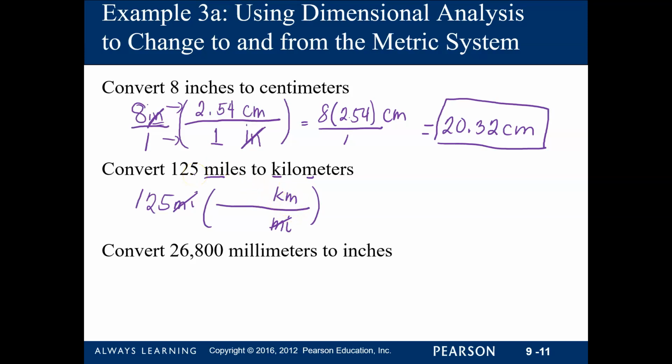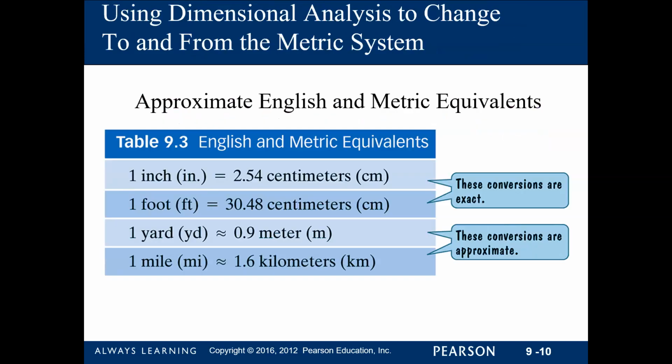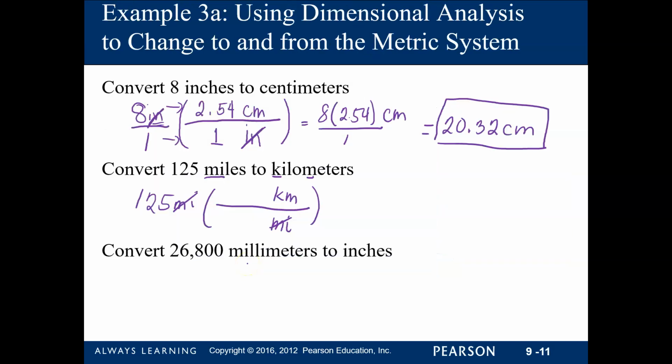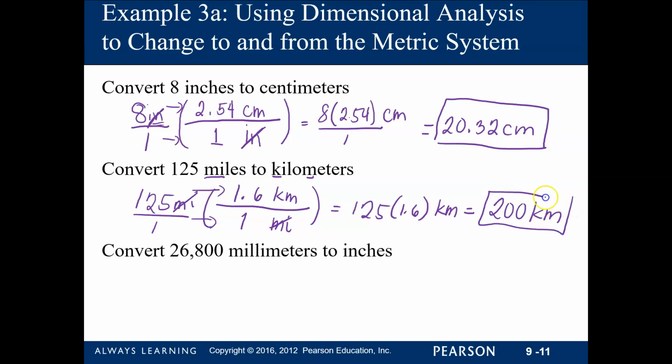According to our conversion factor, miles has 1, kilometers has 1.6. So 1.6 is going to be up here with kilometers, and then 1 mile. We multiply across, so we end up getting 125 times 1.6. Now we only have kilometers as our unit, and so this is going to be 200 kilometers all in all. This is not a new thing. We've done this in the first part of the conversions.